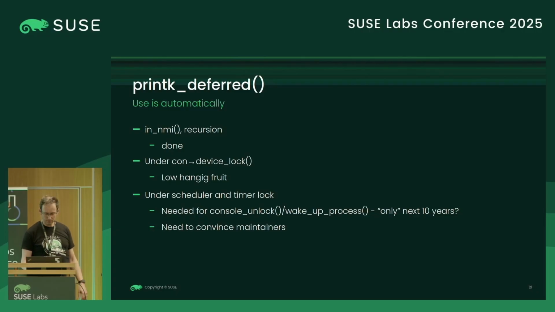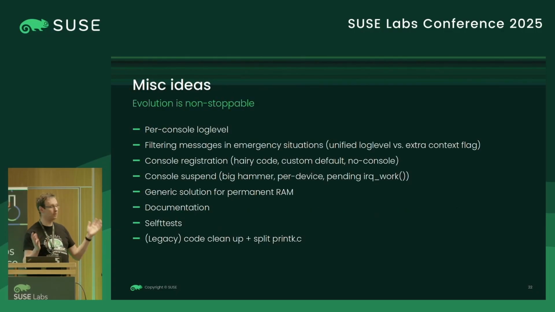Yeah, but I would need to convince maintainers, and of course there are still many ideas what to do with printk, like per-console log levels. And recently people pointed out the problem that when there is a huge amount of machines, like millions of them, and they report some hangs, for example a hung task report, they have a hard time to actually find all the related lines.